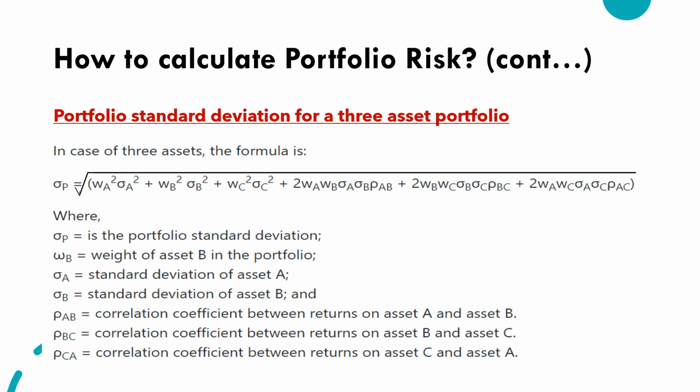In this case, you need to find the correlation between asset A and B, asset B and C, and also the correlation for asset A and C.